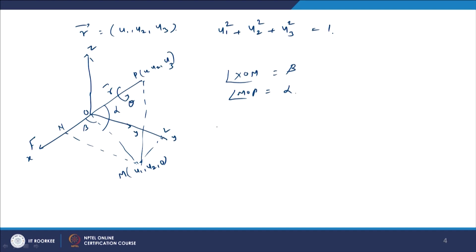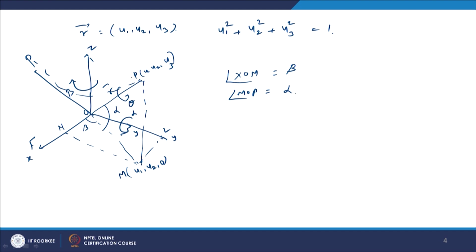So, to prove the rotation matrix as shown in the previous slide, we adopt the following procedure. We will rotate vector OP about the z axis by an angle beta like this. So, it will be fixed in the xz plane. From its original position OP, it has come to the position, let us say, OP1, and observe that this movement is from the y direction to the x direction, in the negative direction.